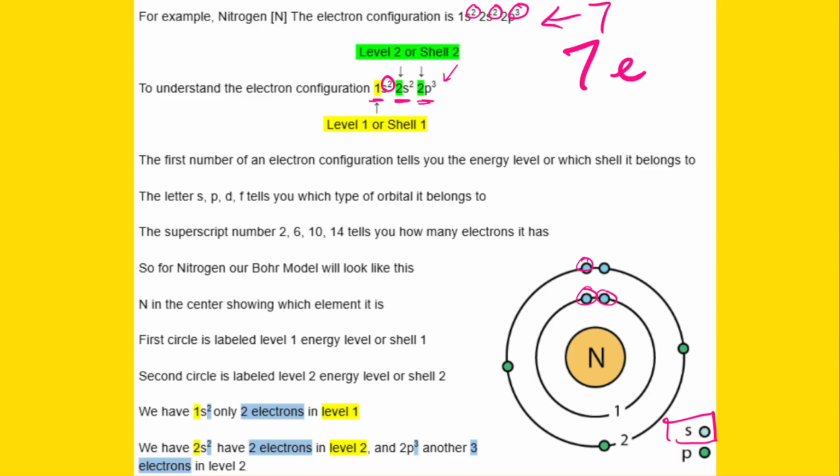So these 2 blue dots are the s orbital electrons in level 2. And then I have 2p3. So these 3 green dots are the p orbital in level 2. So total, there are 7 electrons or 7 dots on this model. So this is the Bohr model of nitrogen.